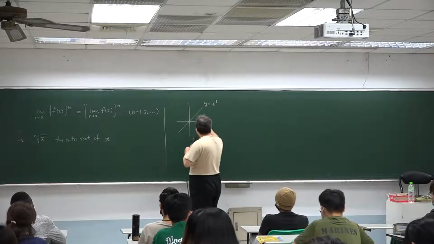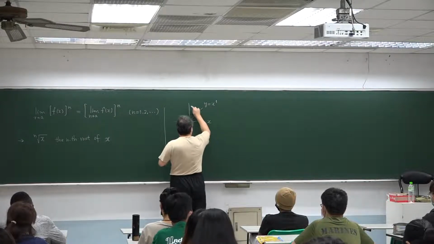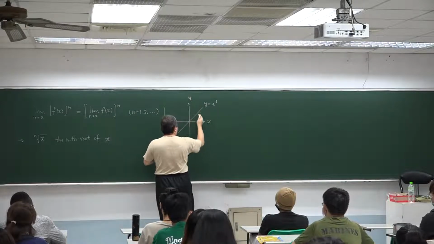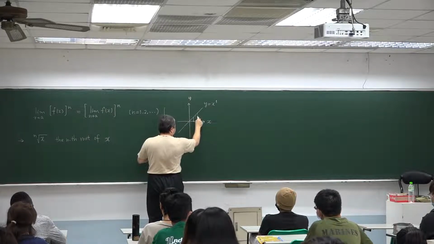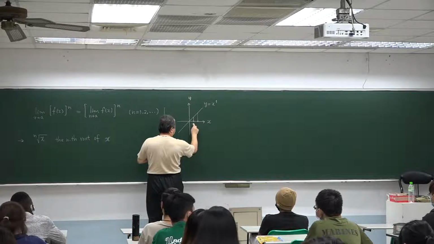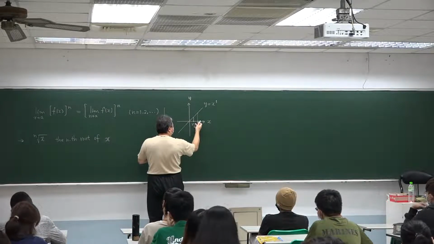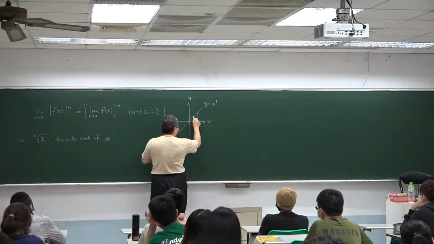If a function is one-to-one, I mean different numbers are mapped by this function to different values.